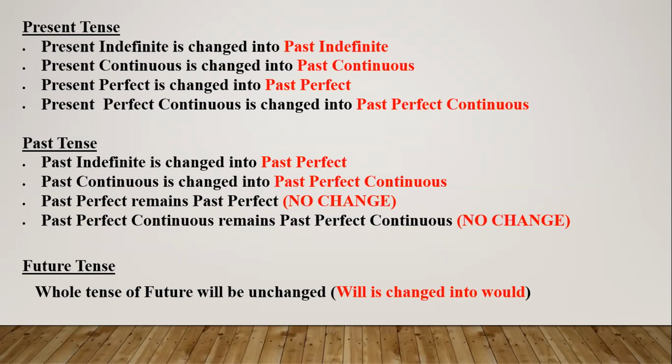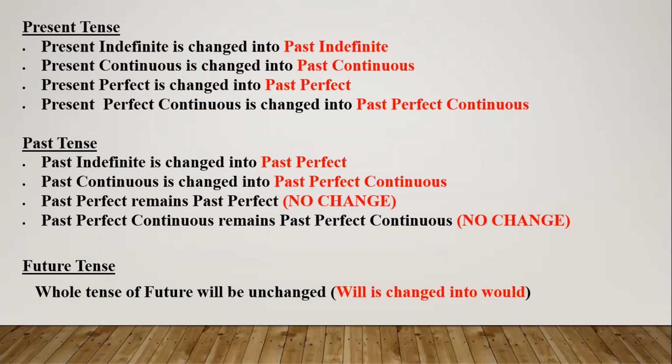If we talk about past, they change into each other. I mean that they shuffle their places, right? So past indefinite into past perfect, past continuous into past perfect continuous, and past perfect, no change; past perfect continuous, no change.